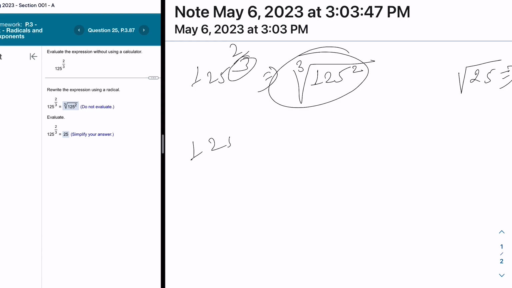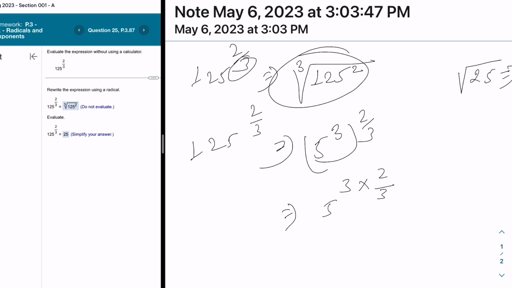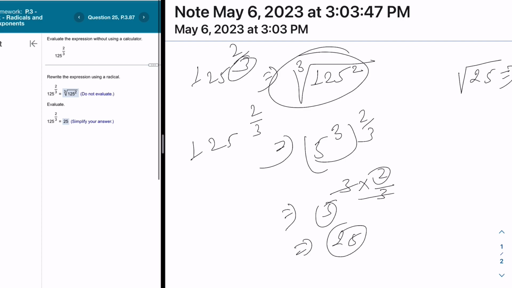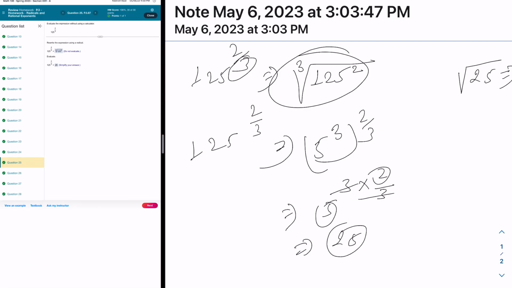So we can do 2 by 3 means 5 cubed to the 2 by 3, right? So 5 to the 3 into 2 by 3, this will go, then 5 squared means 25. That's it. Answer. Now 27.